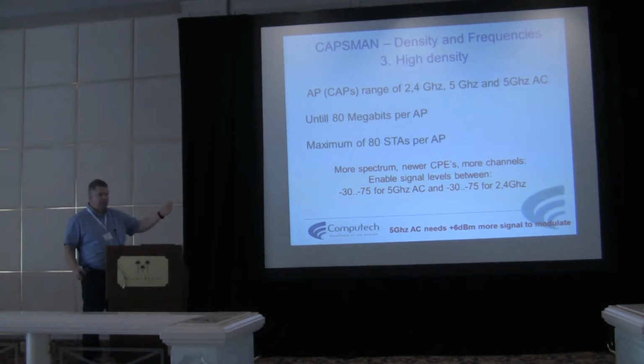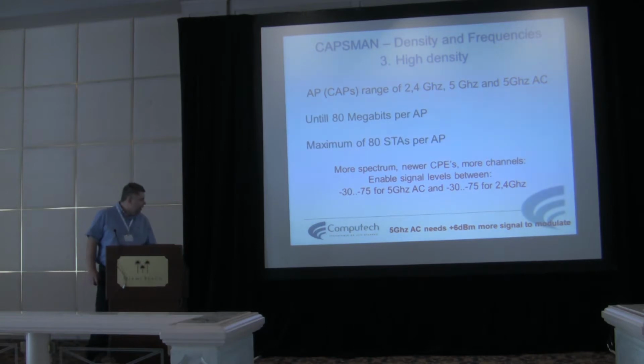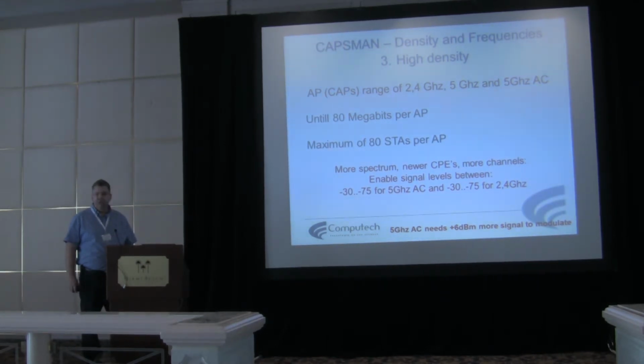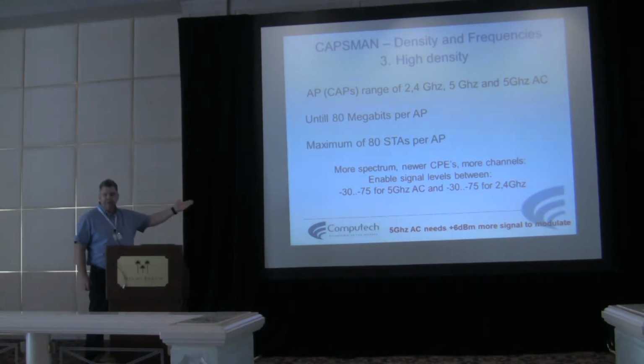So we have to keep -75 for 2.4 gigahertz. 5 gigahertz AC needs 6 dBm more signal to modulate. So we need to be a little more restricted when you're going to use AC. The benefits are many more customers per area.